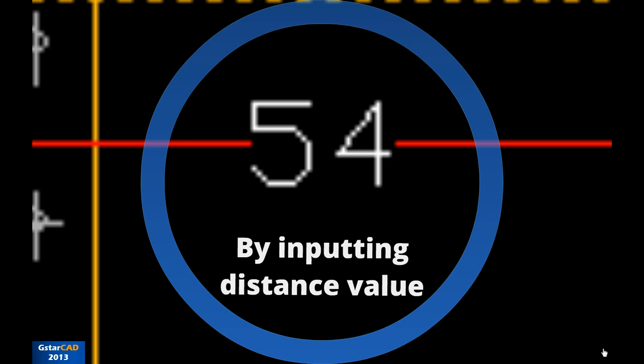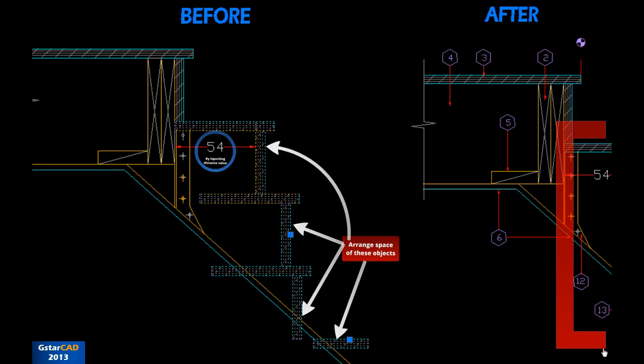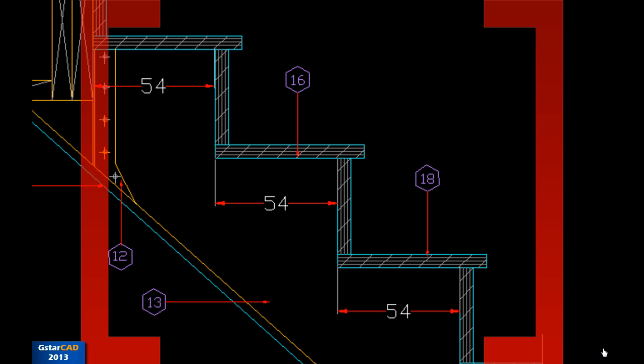For example, I want 54 millimeters between each. Let's see the result. As you can see, all these step ladders are correctly arranged by inputting a distance. That means 54 millimeters. By applying this command, you can save time on moving objects.